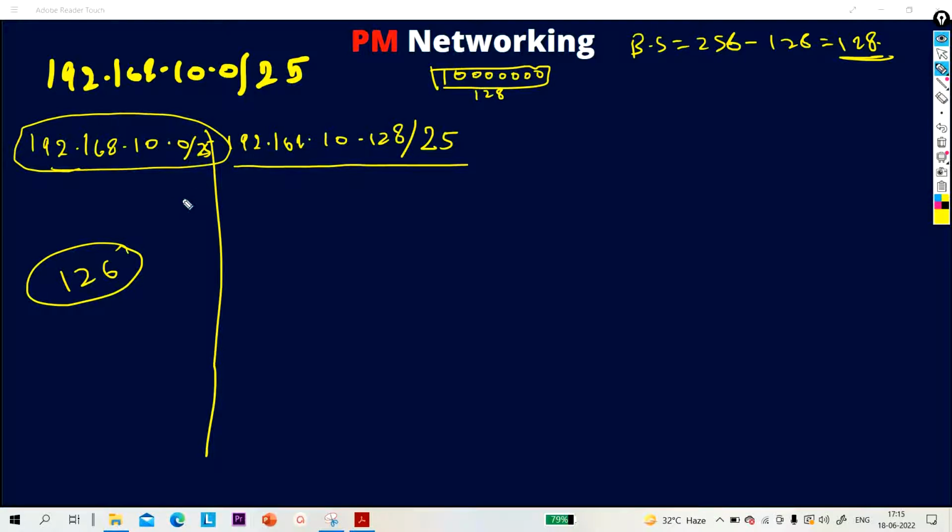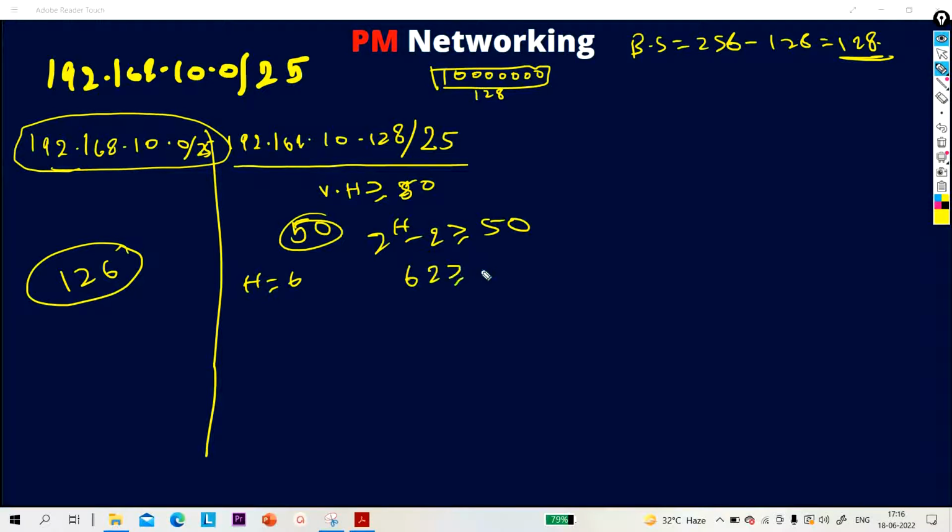Now in department 2 we need how many valid hosts? 50, right? So the valid host count must be greater than or equal to 50, and the formula is 2 to the power h minus 2 must be greater than or equal to 50. So if you put h equals 6 over here, you get 64 minus 2, that means 62, which is greater than or equal to 50.